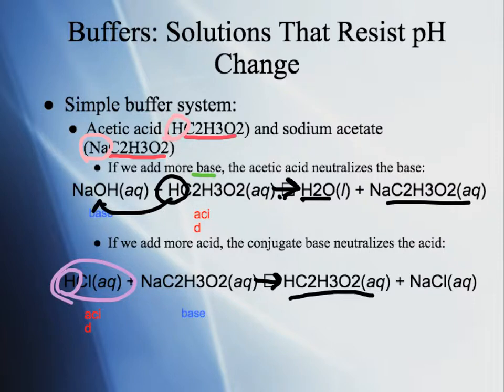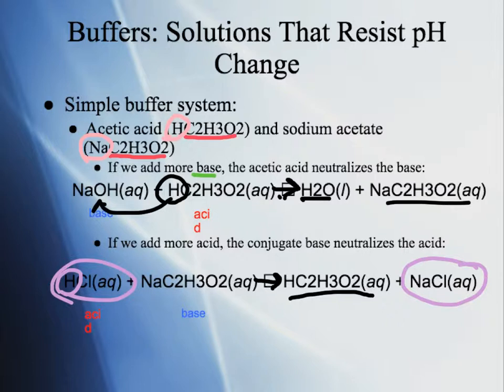But it's a weaker acid. This acid does not nearly dissociate in water, so it's not going to be giving off its hydrogen ion as much, because remember, acetic acid was a weak acid. And then also we get a higher concentration of salt, which is neither an acid nor a base. All right, so if we add more acid to it, the conjugate base is going to neutralize the acid. So that's how this buffer system works.